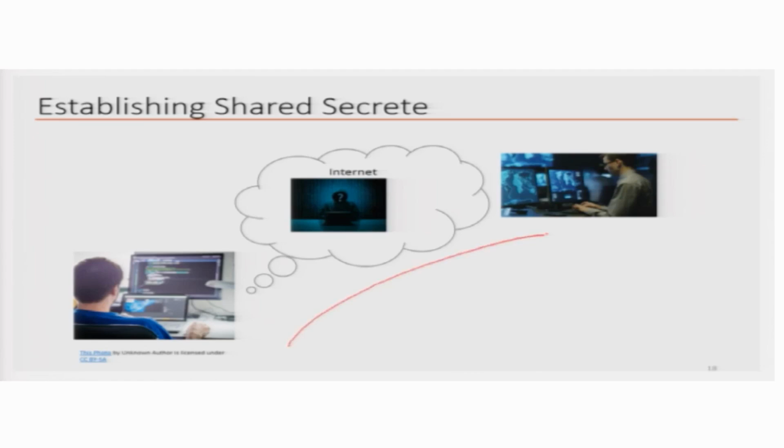So, I am sending a message over the internet to my friend. Here in the internet there are people lurking behind many of the computers who can capture my message, and then if they know the key then they will decipher it. So, I have to somehow make the system such that the symmetric key that I am going to use to communicate a very large amount of messaging or file uploads and all that, I will not let anybody else know the key. So, public key cryptography helps me in the following way.